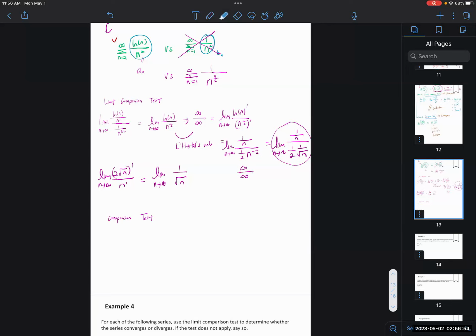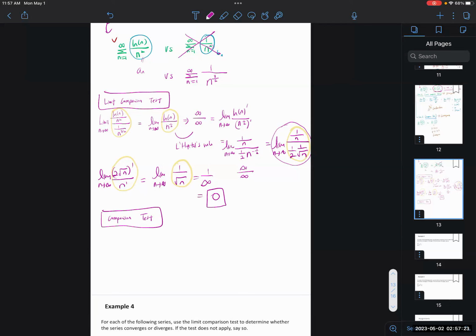What I'm saying is, you keep simplifying: this one becomes that, you take the derivative and it becomes this, and then you take the derivative of that. Now you can do 1 over infinity, this is a 0. So it actually looks like convergence, but we have to check with the comparison test. If it is a 0, then that's your answer.